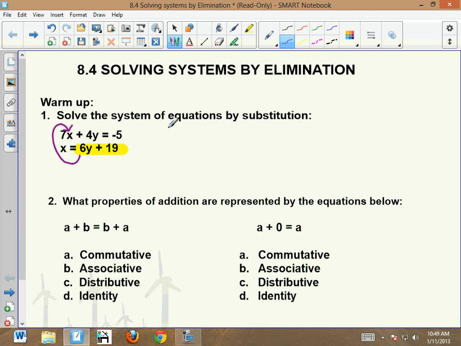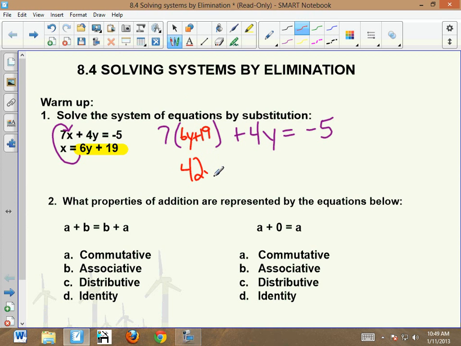So I rewrite the top equation, 7 empty parentheses plus 4y equals negative 5. Inside my empty parentheses, I put 6y plus 19. 7 times 6 is 42.